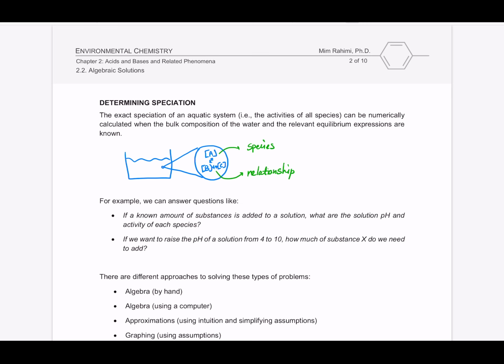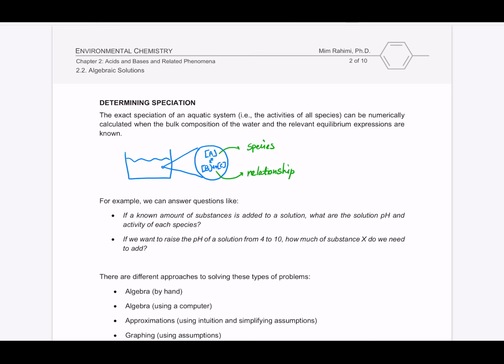So why is understanding speciation important? It's because it gives us a lot of useful information about the system. For example, we would understand if we add a known amount of substance to water, what would be the solution pH, and also the activity or concentration of all the other species.